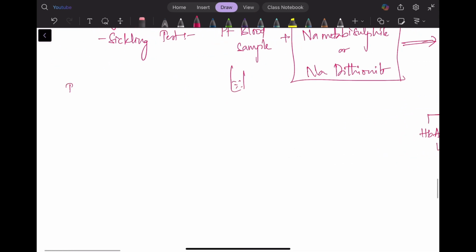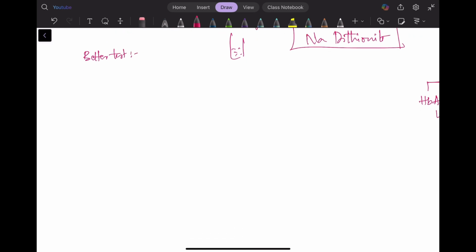So we have another test, the investigation of choice. I mean, you can say it is not the investigation of choice, you can say it is a better test, called hemoglobin electrophoresis.